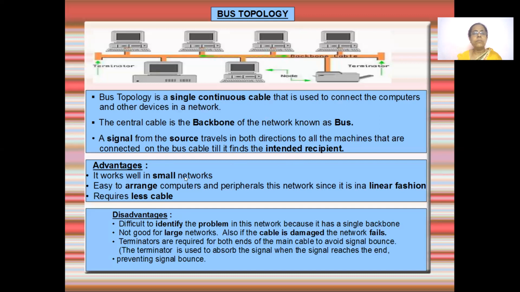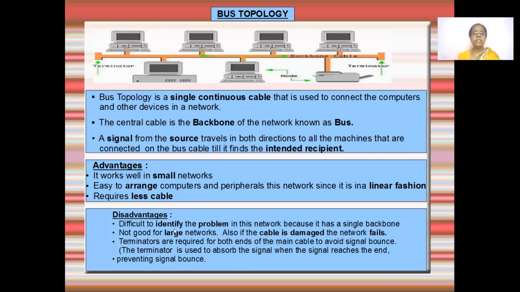So it is a small network, and it is very easy to arrange because it's done in a single line fashion, and they are using very less cable wire. So it's economical. They don't spend a lot of money on this.